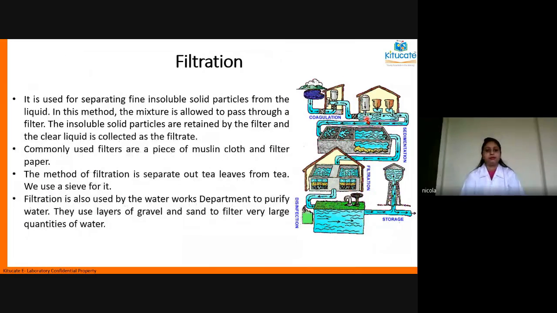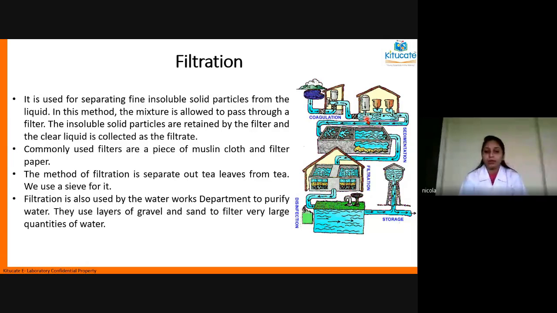So this is filtration. In filtration, as we already discussed, the insoluble solid particles are retained, left back in the filter paper. And we get the liquid, which is pure. That is called the filtrate, the clear liquid that we are getting.